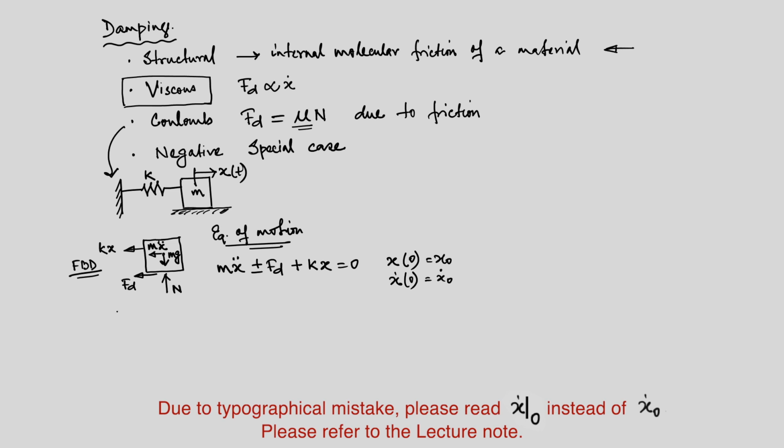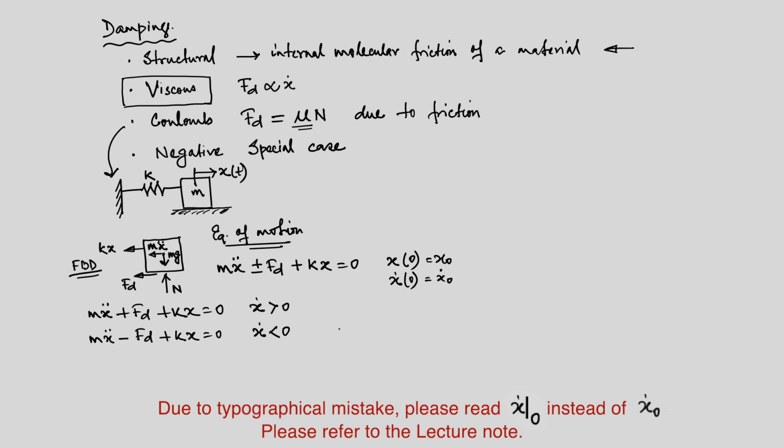So, effectively, if I write down the equation, m x double dot plus F d plus k x equal to 0 when x dot is greater than 0, and the same with a negative sign when x dot is less than 0.